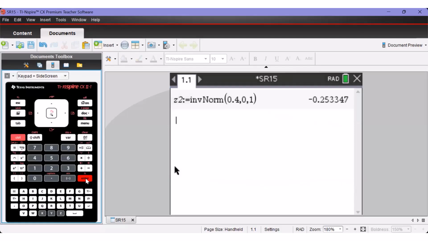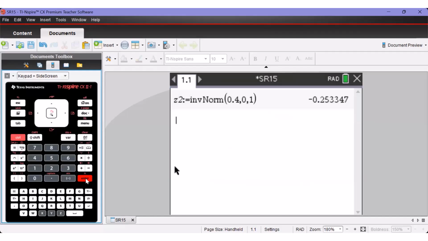And what you see there is that Z2 has a value and it's negative 0.253, etc. Now we're going to set that equal to 25 minus 25.2 on 4.7 divided by the square root of n and solve for n. And that will give us the sample size.